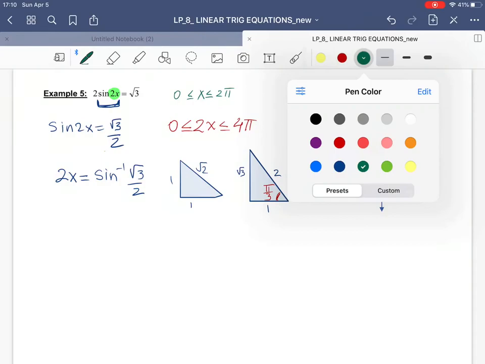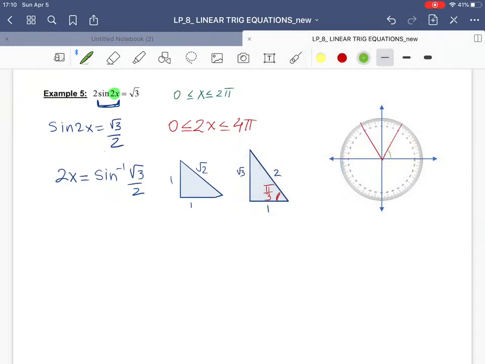I'm going to write these two first because they are the more important angles. I'm going to write 2x equals pi over 3, or 2x equals, remember 1 pi over 3, 2 pi over 3.